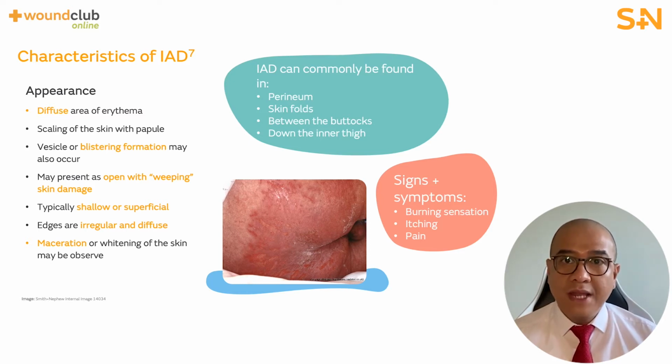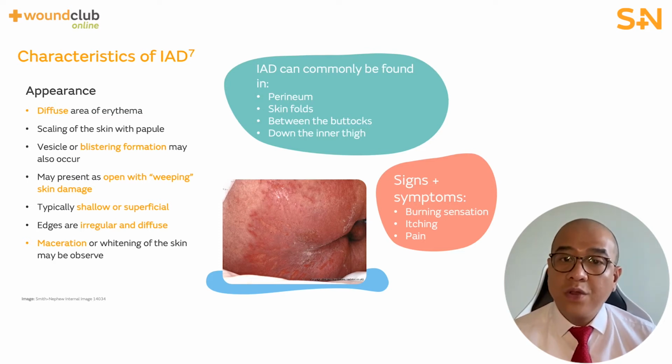Normally, IAD appears as a diffuse area of erythema, scaling of the skin, blister formation may also occur, and it may present as open, weeping skin damage. It is typically shallow or superficial. Edges are irregular and diffuse, and you may also observe maceration or whitening of the skin.